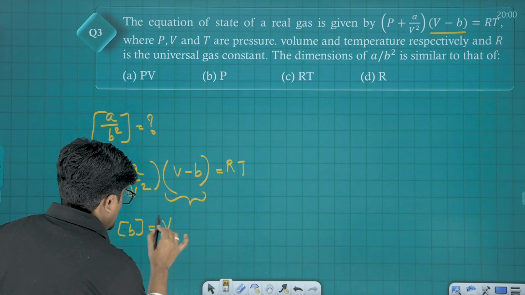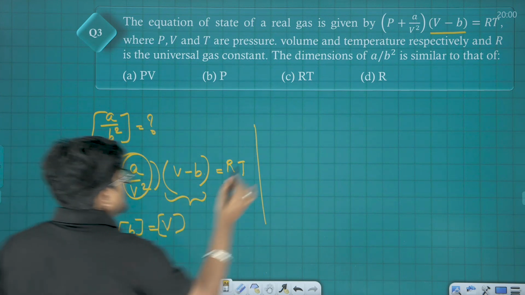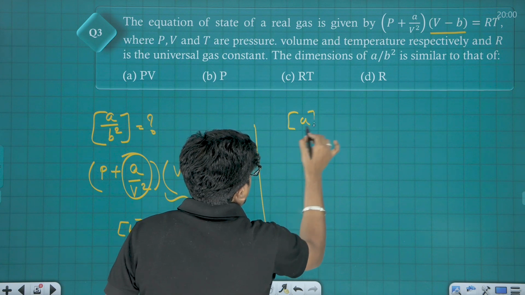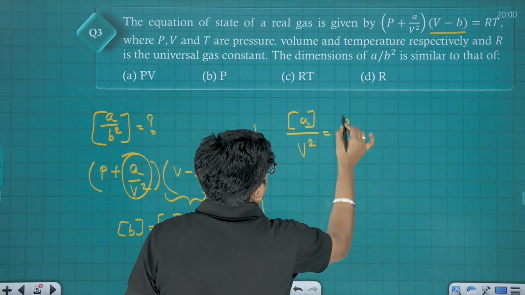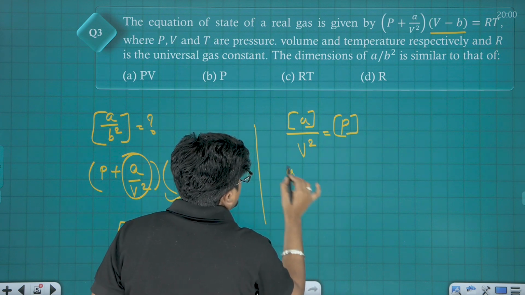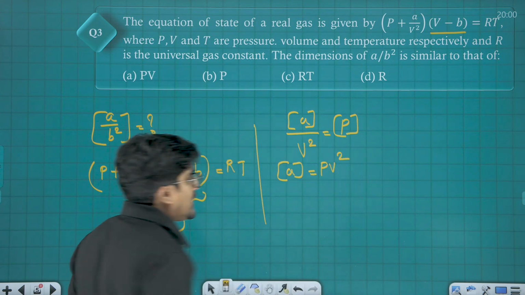So that is one thing that I can conclude. Second thing is, from here dimension of A upon V square needs to be equal to dimension of P, or I can say dimension of A is going to be P into V square.